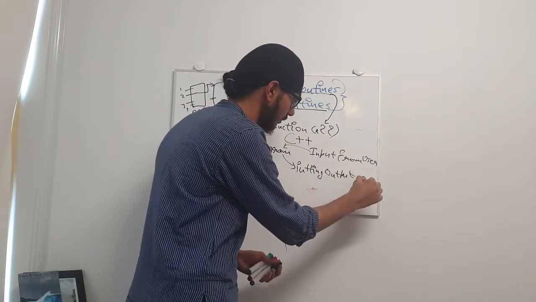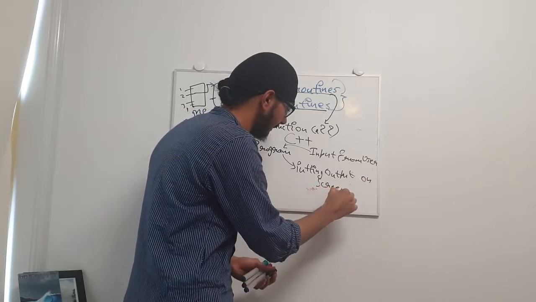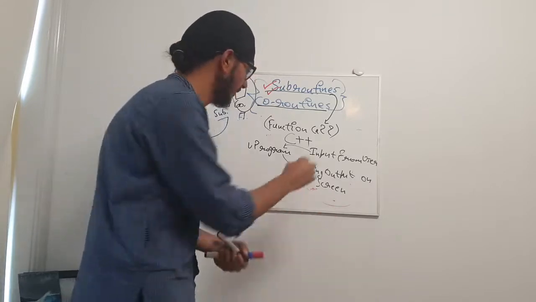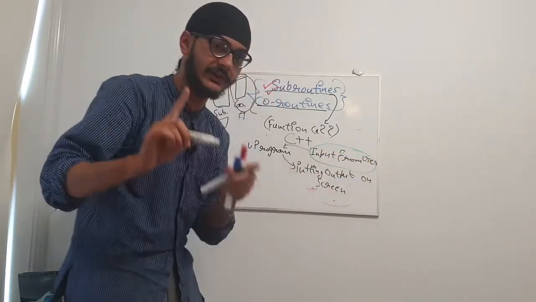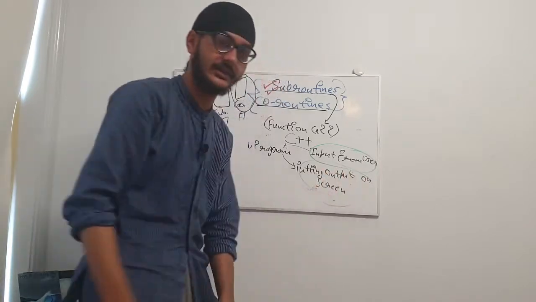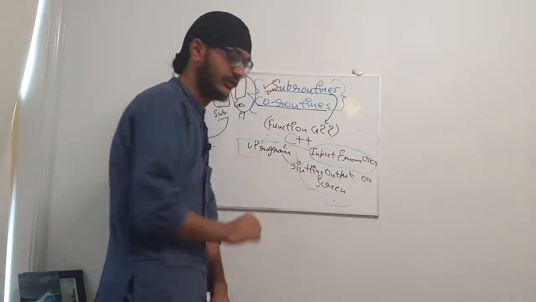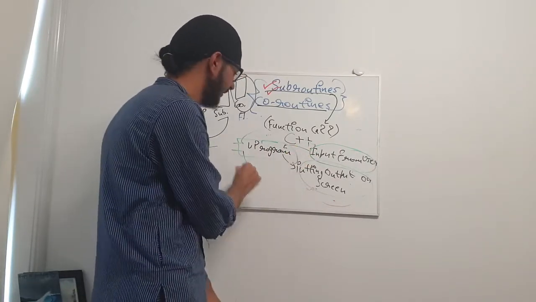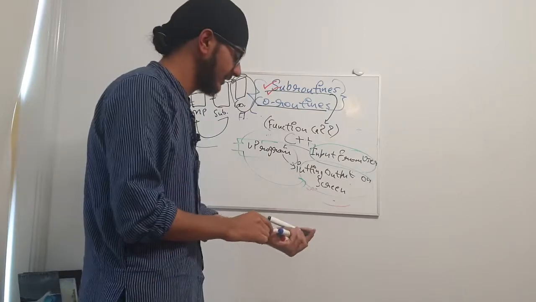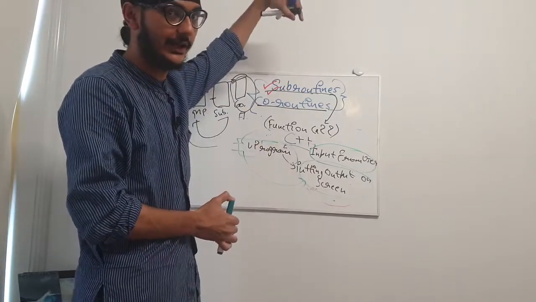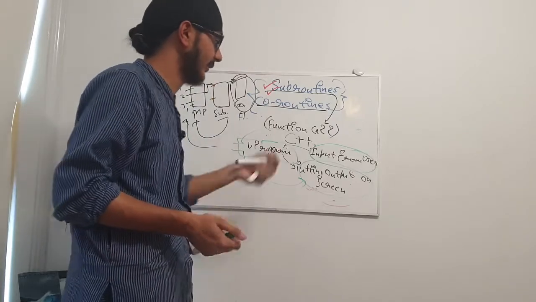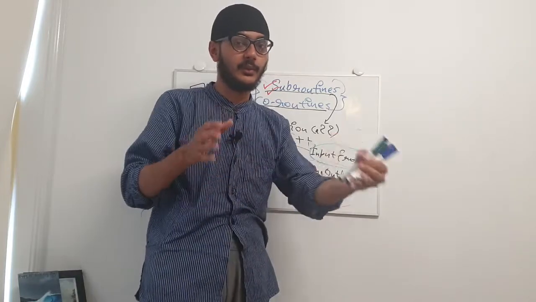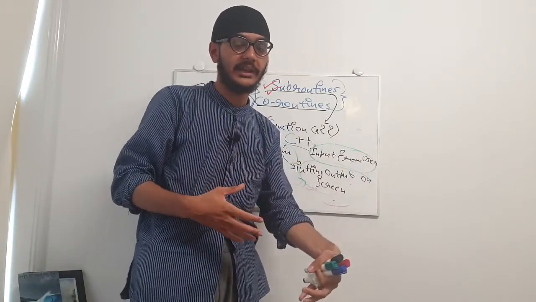In this kind of program, we can make two subroutines. Our input part will be one subroutine, our output part will be the other subroutine, and this will be our main program, which will call the input subroutine first, then the output subroutine second. So this is the subroutine kind of stuff in higher level languages like C++. I hope you understand the meaning of subroutine and coroutine in terms of programming languages.